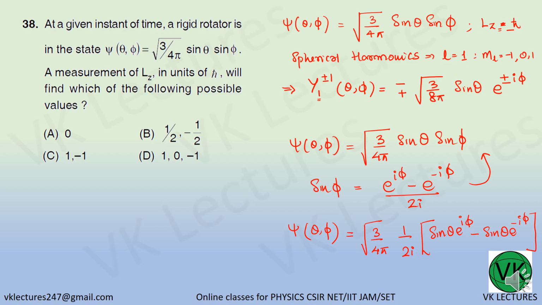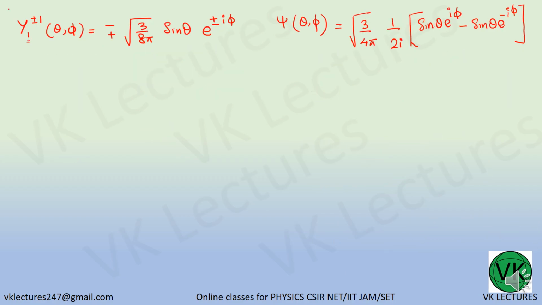Okay, so this is our wave function now. From spherical harmonics we write Y(1,+1)(theta, phi) equal to, since it is plus 1, minus root of 3 by 8 pi sine theta into e to the power plus i phi.